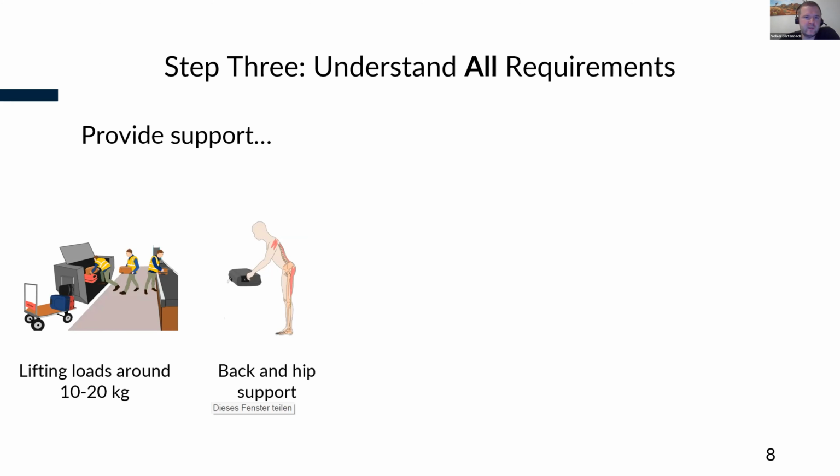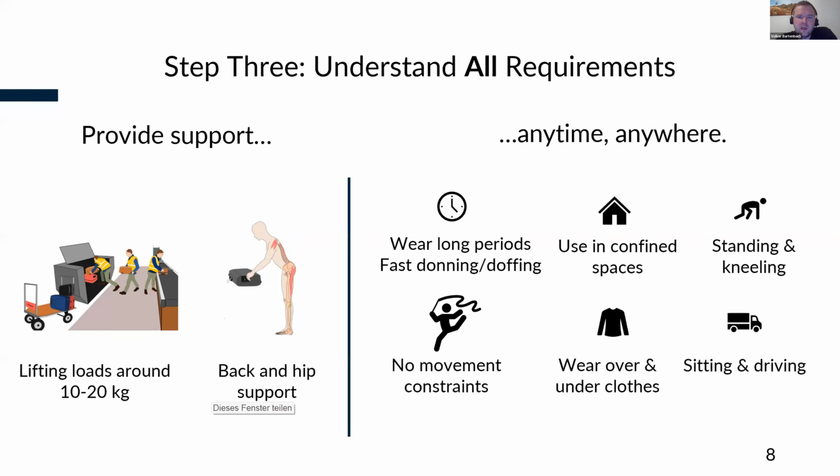But what was even more important for us was to really understand what additional requirements come from this environment at the airport. And that became a little bit more complicated, because it was very clear that they are looking for a solution that can be worn by the workers all day, for example. So it needs to be very comfortable and very easy to use. It was also very important for them that the exoskeleton can be used in confined spaces.